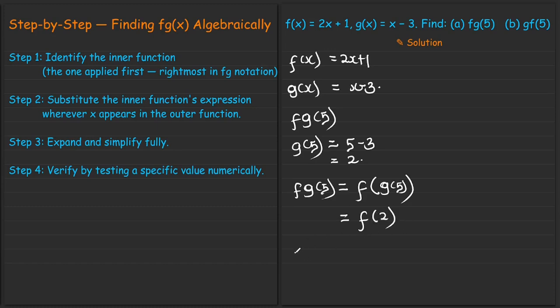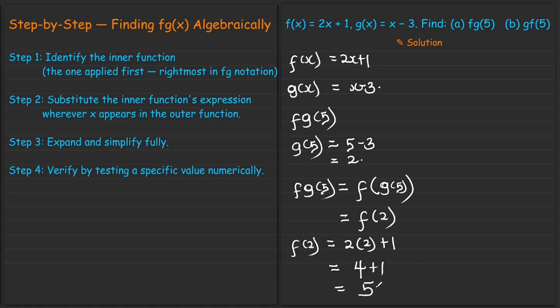So our f of 2 is going to be what? We know the function f of x, and all we are saying now is we should substitute x for 2. So we have 2 times 2 plus 1. This evaluated gives us 4 plus 1, which is 5.